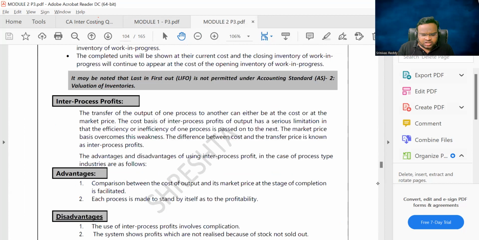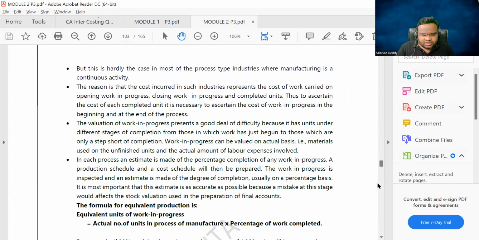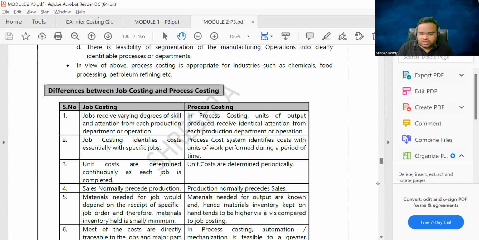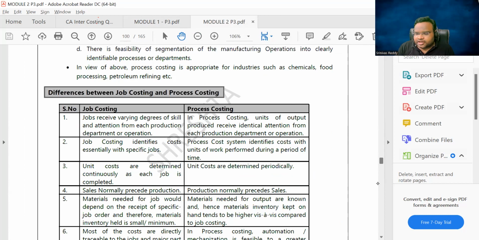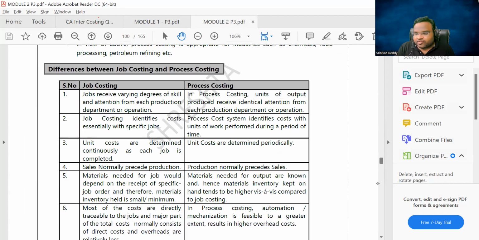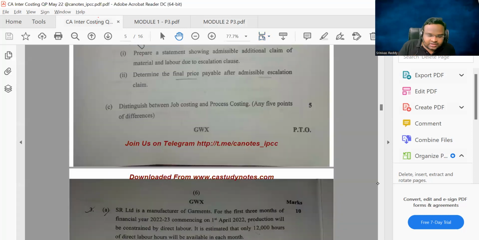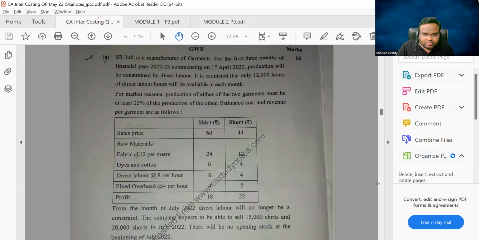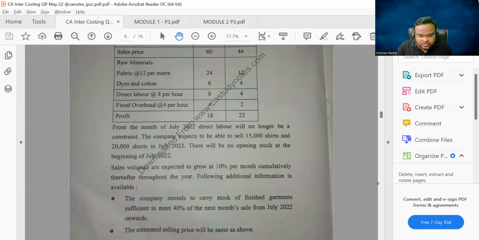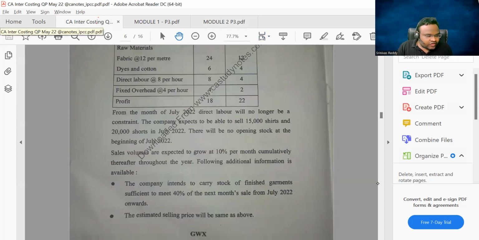It is in the first page of our material, in the respective chapter. See the difference between job costing and process costing. If you write 5 points, you'll get 5 marks. Okay. So this is also from it. So 2A is from our material, 2B is from our material, 2C is also from our material, which is for 20 marks, right?